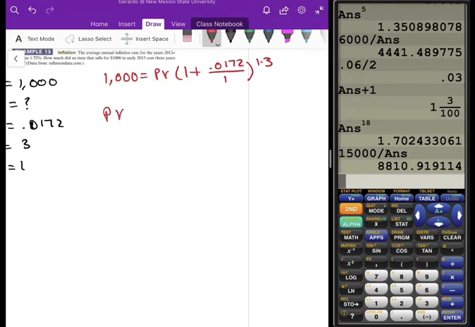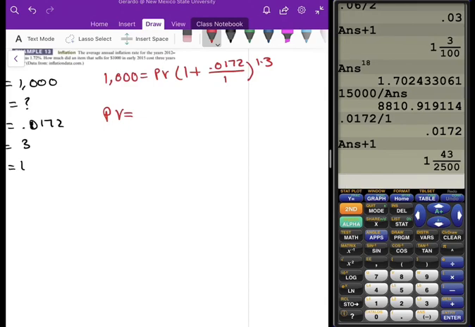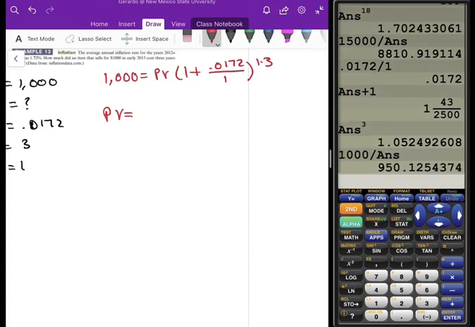We get that into the calculator: 0.0172 divided by 1 plus 1 to the power of 3, and then 1,000 divided by what we got before. That would be 950.13.